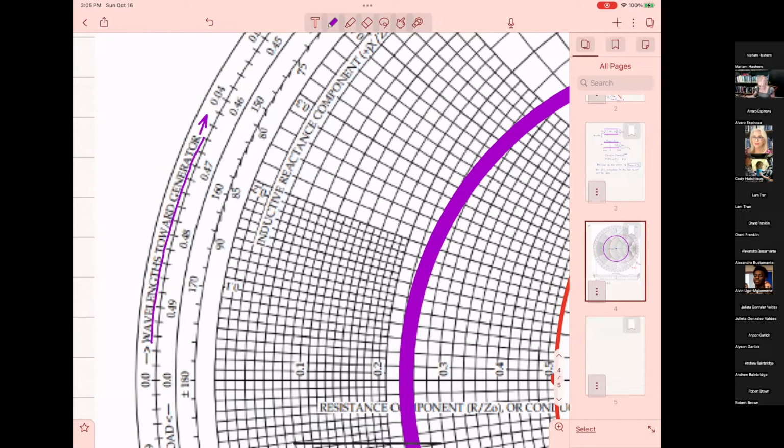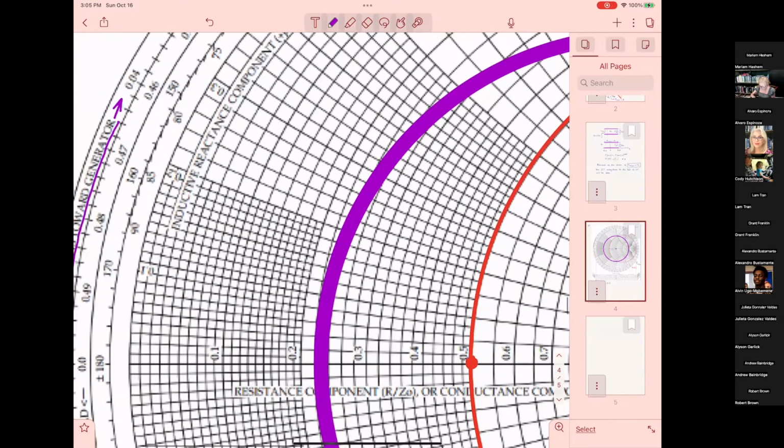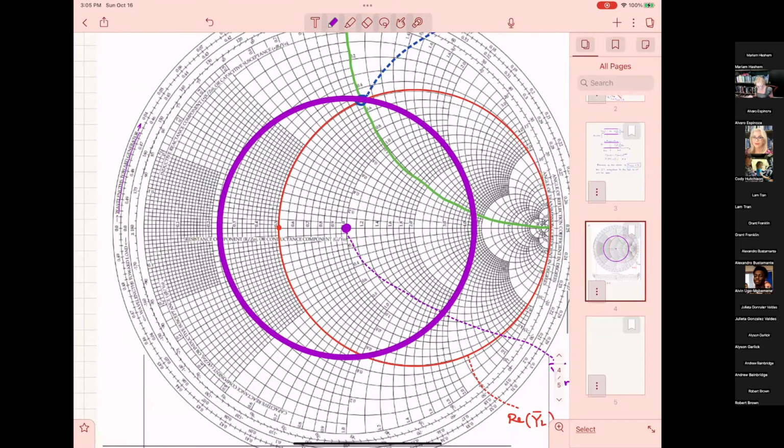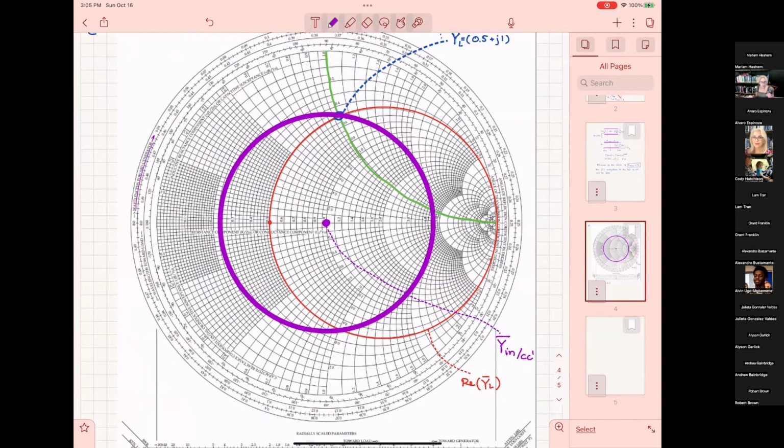That means that to find that point where I will place the stub, I need to move clockwise from where I am.